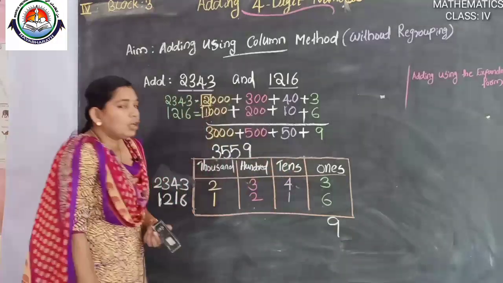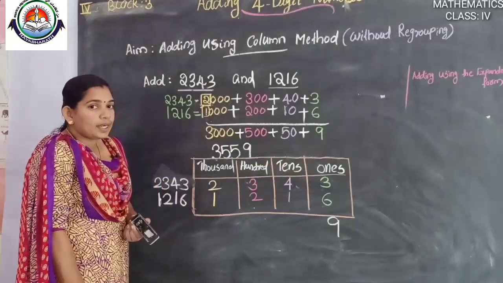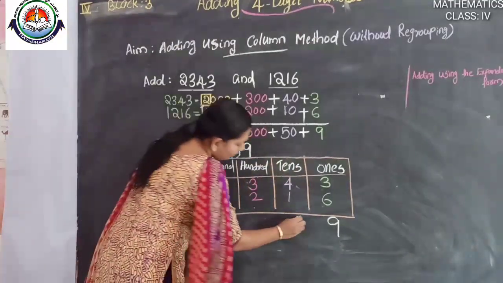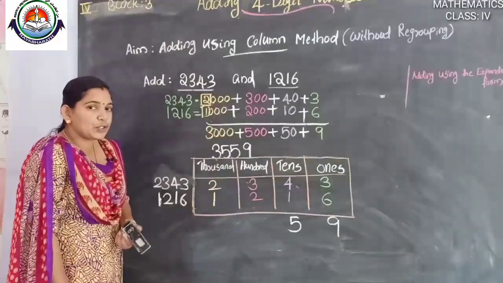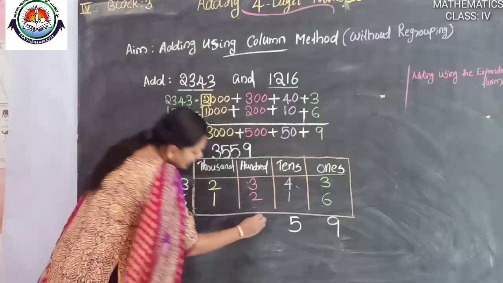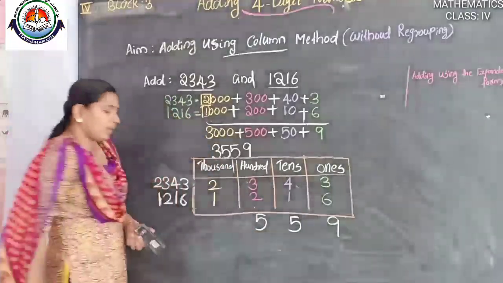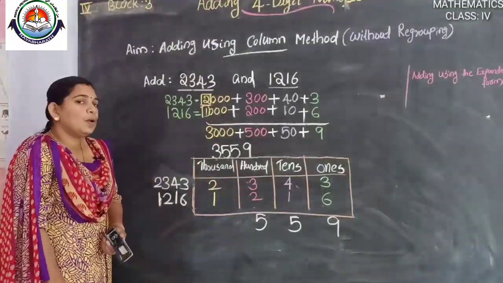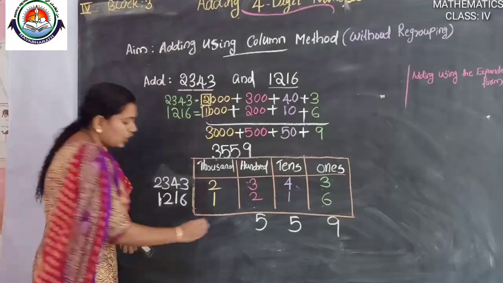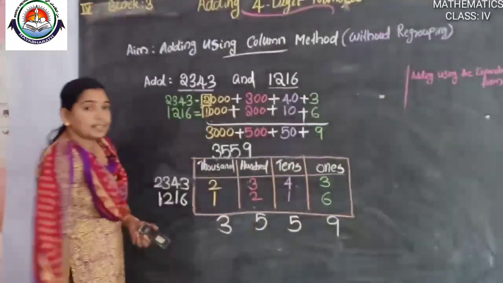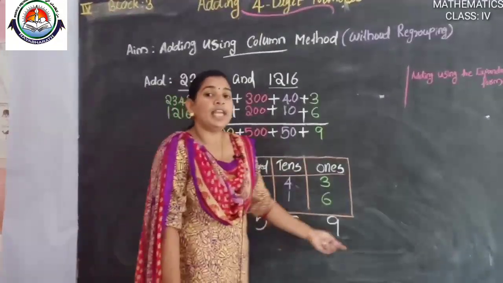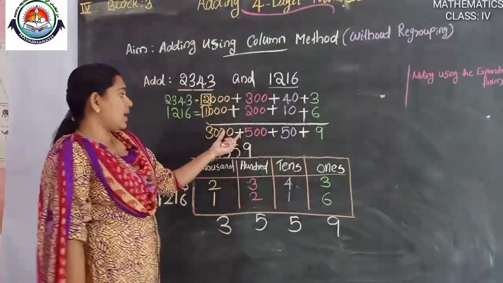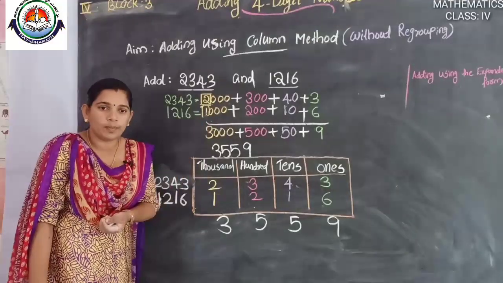4 plus 1. 5. Then 3 plus 2. Yes, 5. Then 2 plus 1. 3. What is the answer you get? 3559. The same answer we got using the expanded form.